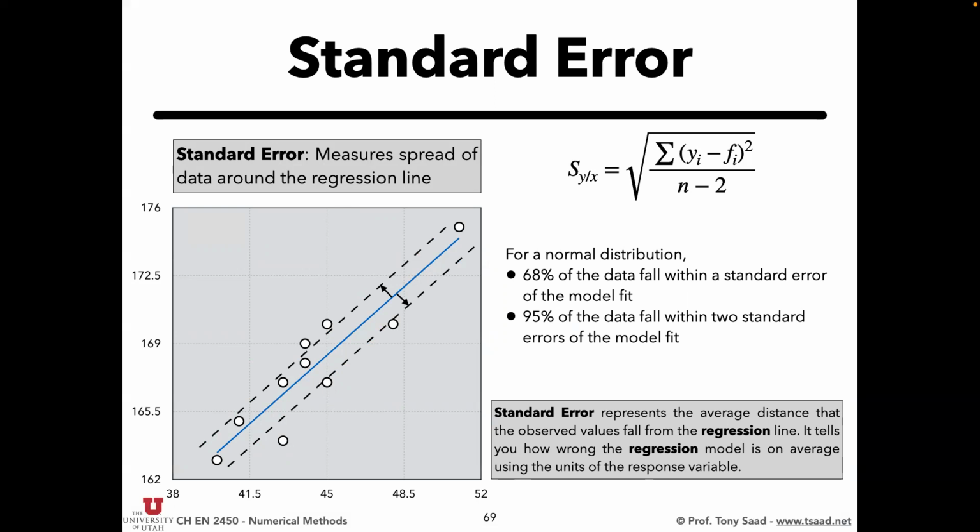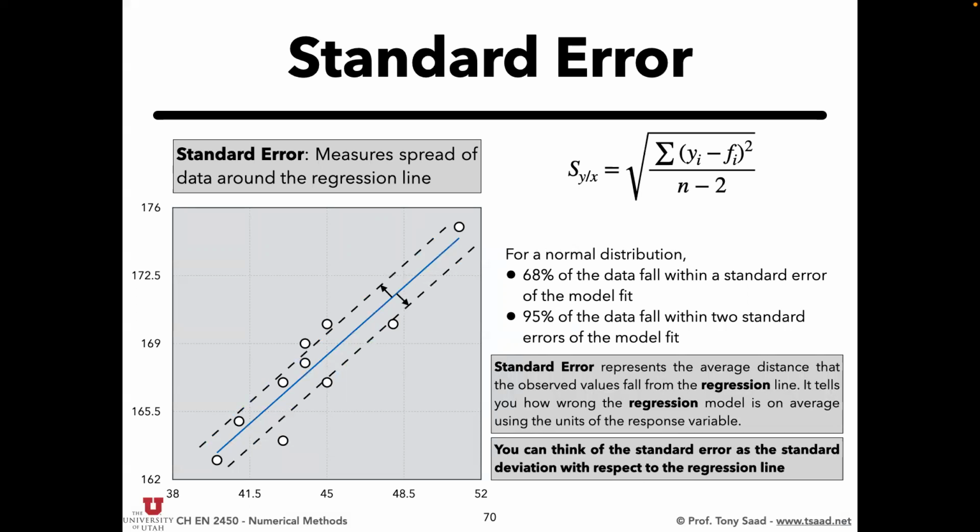It does represent the average distance that the observed values fall from the regression line. Now, there's a statement here. I say it tells you how wrong the regression model is on average. We're going to quantify that and discuss that a little bit more. But that's the formal definition.